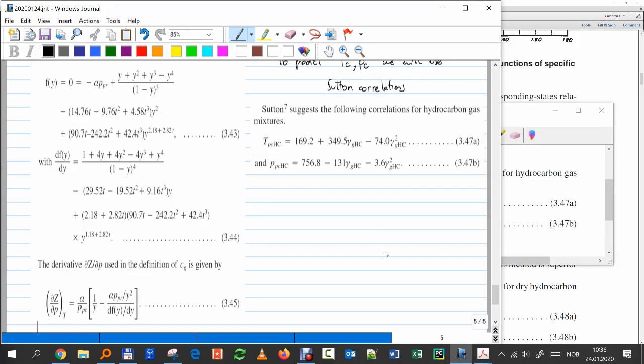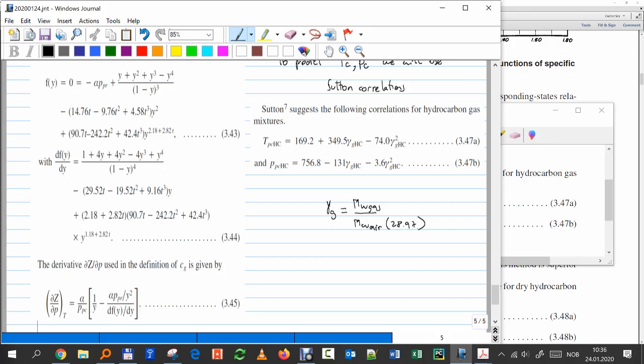And how do I calculate the specific gravity of the gas? It is the molecular weight of the gas divided by the molecular weight of air, which is 28.97, I think.